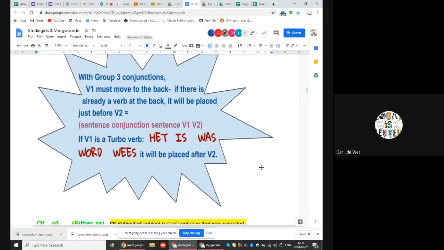Good. The next thing that we're going to look at is when you have to start with a conjunction. And actually that's very easy. The first thing that you need to do is read the 2 sentences and translate it for yourself in English to be able to see if something must happen before something else.